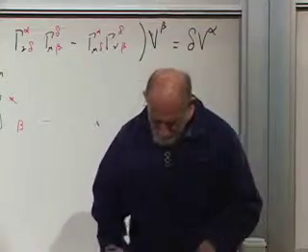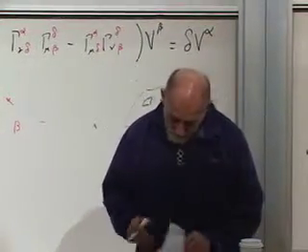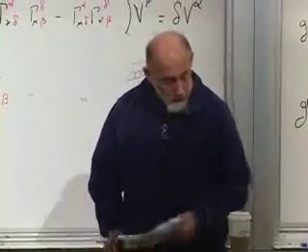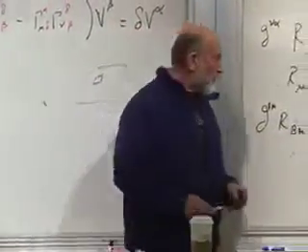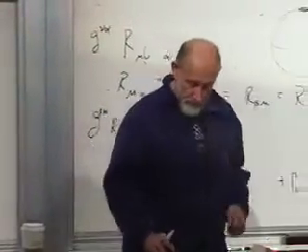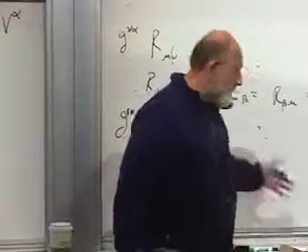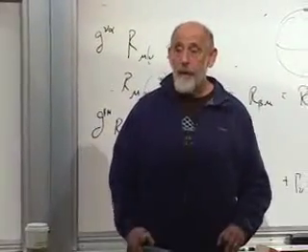Now I want to come to motion of particles, slow particles in particular. What we want to do, I'll tell you right now, the Riemann tensor, of course, and its various friends here are the gravitational field.